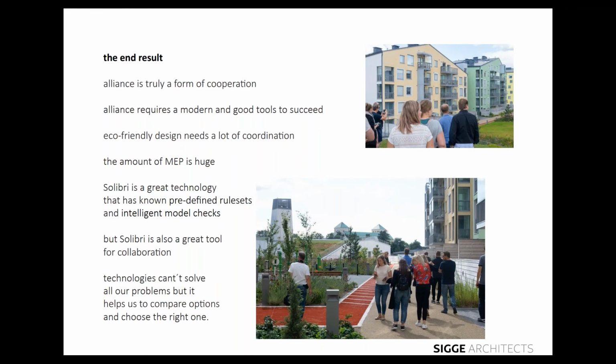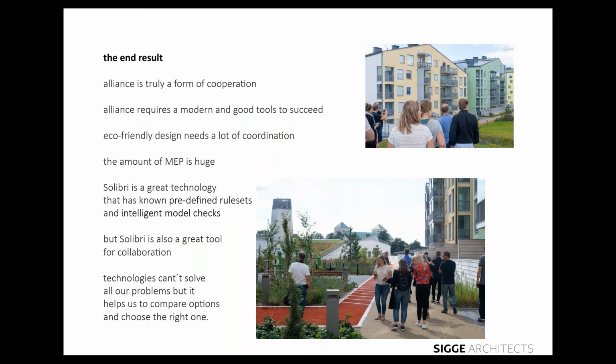So the end result: Solibri is a technology that is known for predefined rule sets and intelligent model check. But Solibri is also a great tool for collaboration. Eco-friendly design needs a lot of coordination, and the amount of MEP is huge in this type of building.